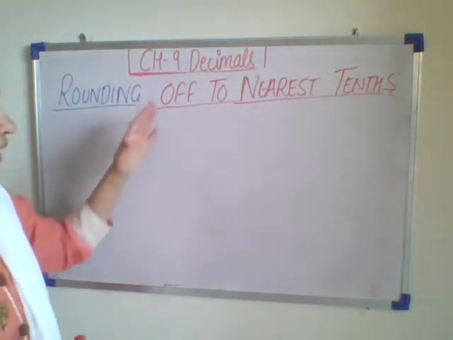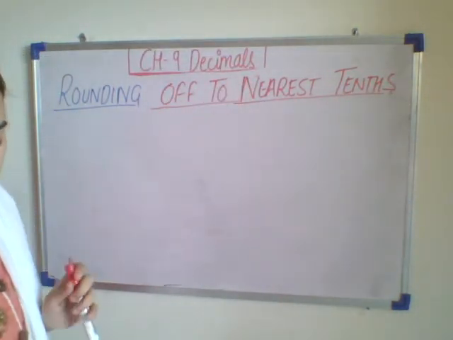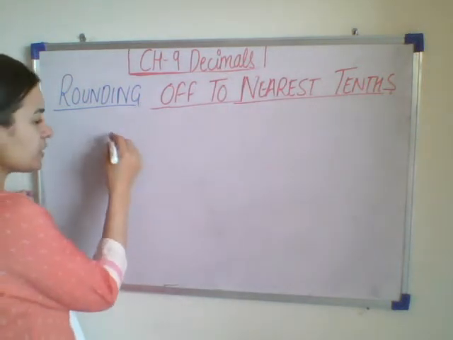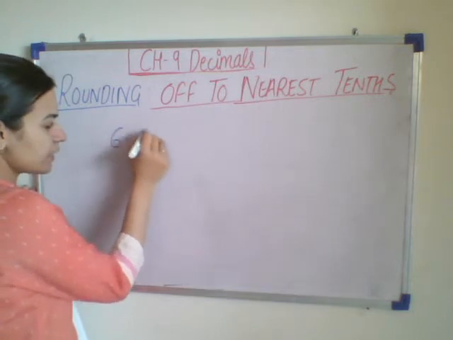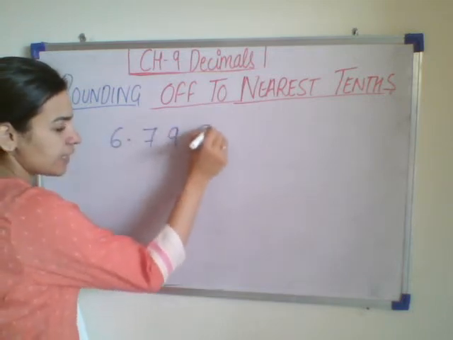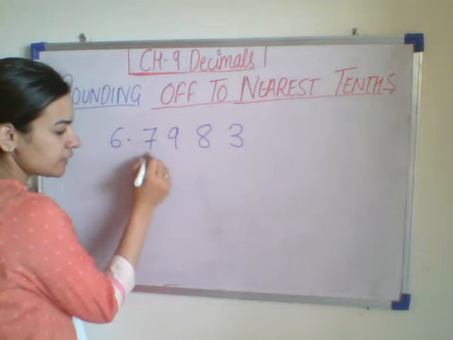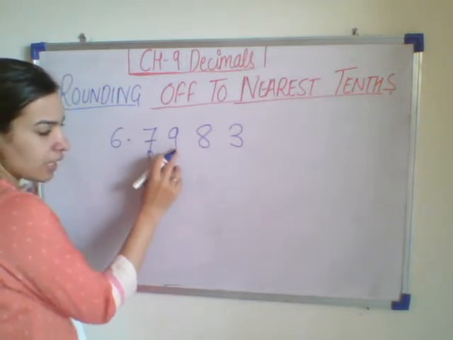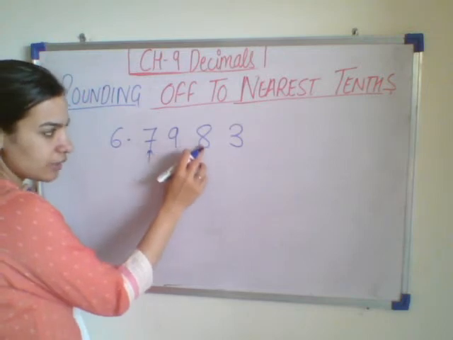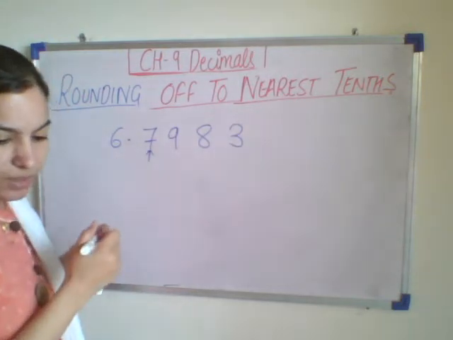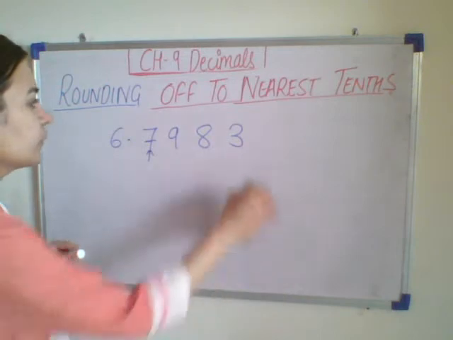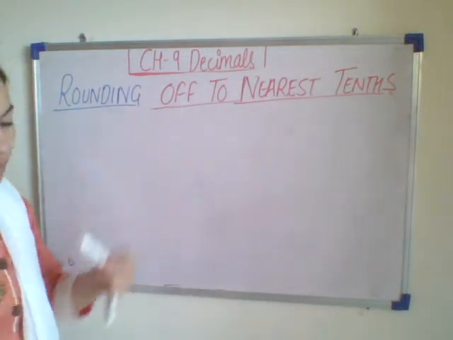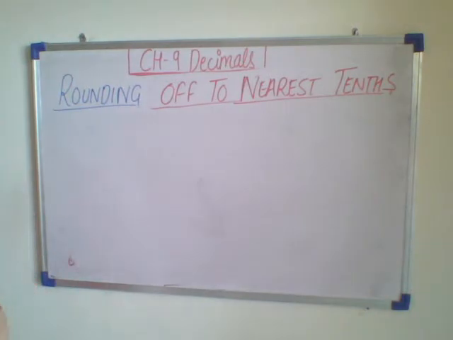Before beginning the rounding off to the nearest tenth, let us recall this. Like I have written the digits 7, 9, 8, 3. This is the 10th place, this is 100, 1000, like this. In decimals, we refer to the place values like this. Now let us do the rounding off to the nearest 10th.